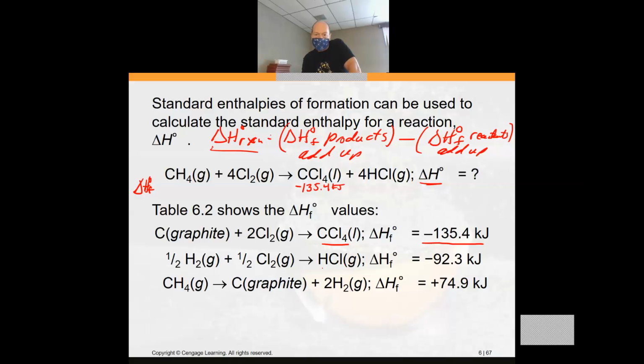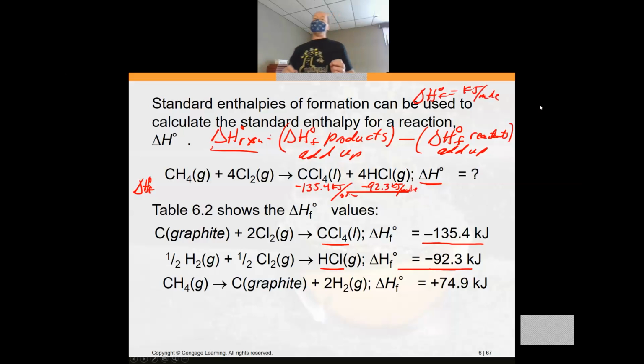Here is our HCl, 1 mole of HCl, negative 92.3. Negative 92.3 kilojoules per mole. I should put the per mole. Your delta H naught formations are always in kilojoules per mole.